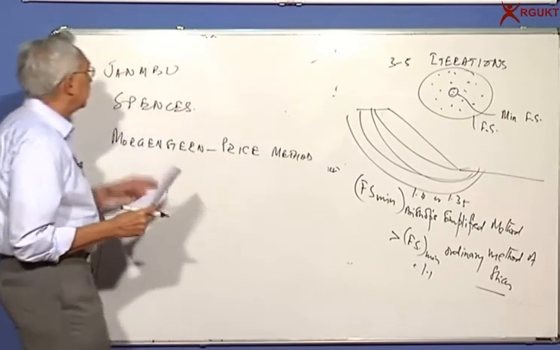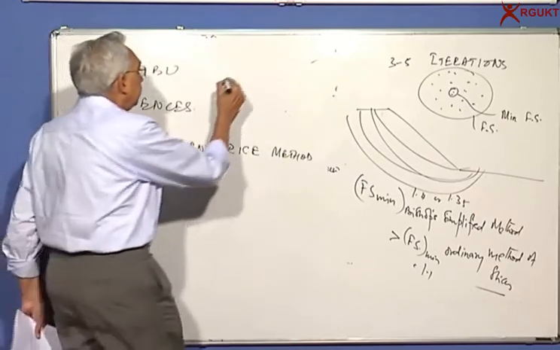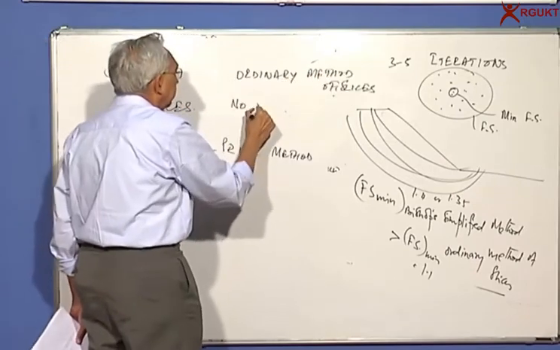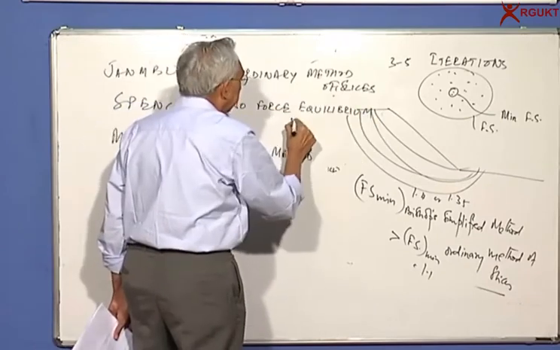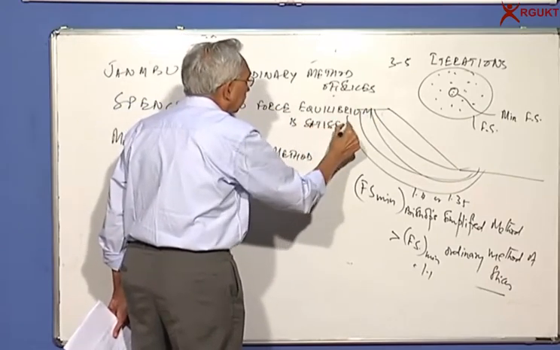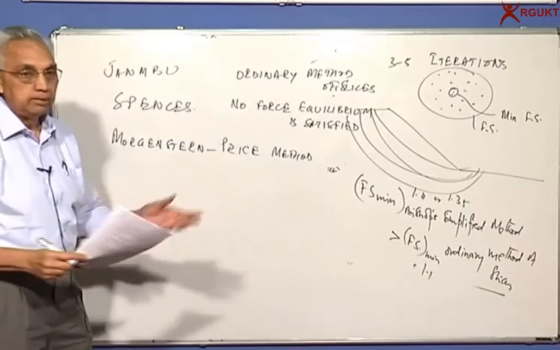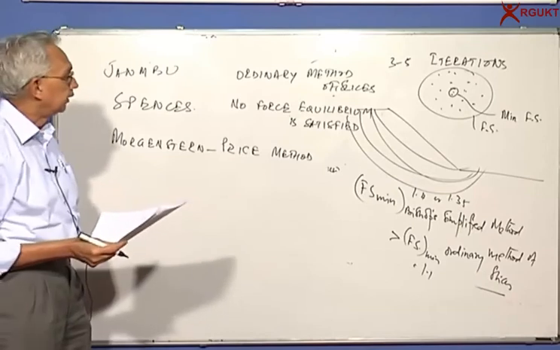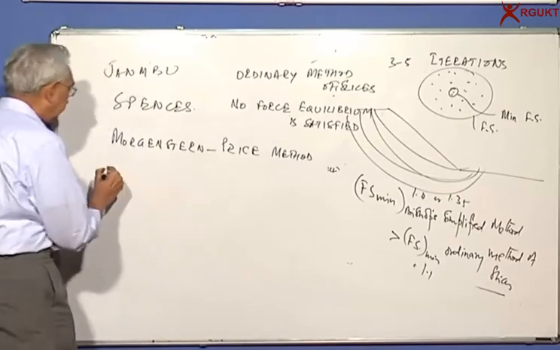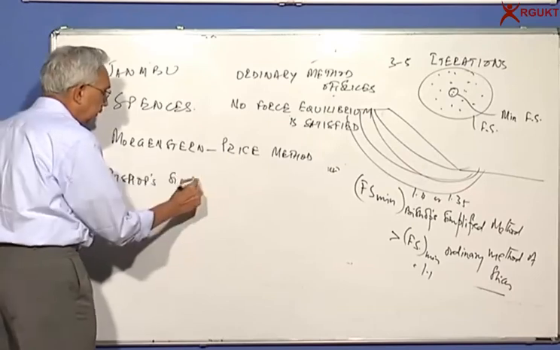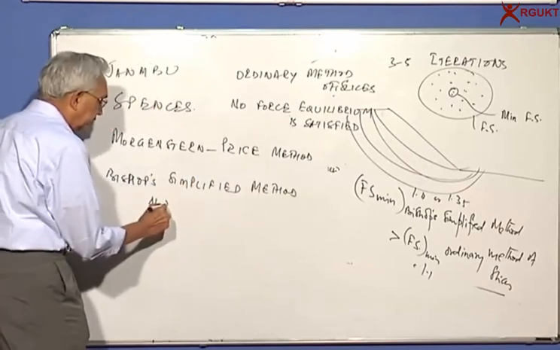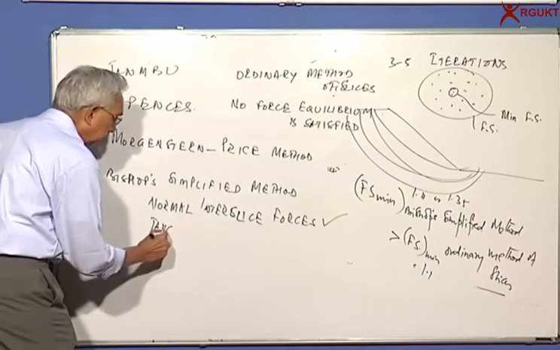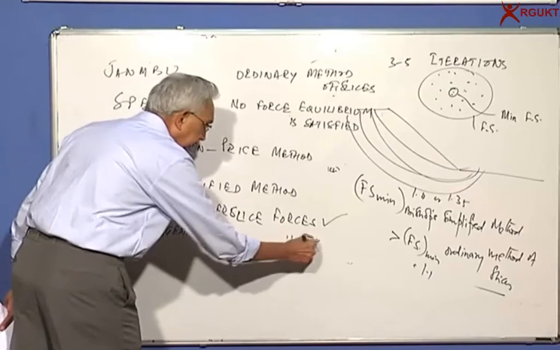The reason why we think these are better, because in the ordinary method of slices, no force equilibrium is satisfied. We just take the vertical, resolve the forces in order to get the shear resistance mobilized. In Bishop's simplified method, normal interslice forces are considered, but the tangential interslice forces are not considered.